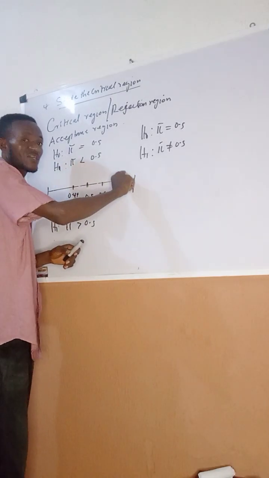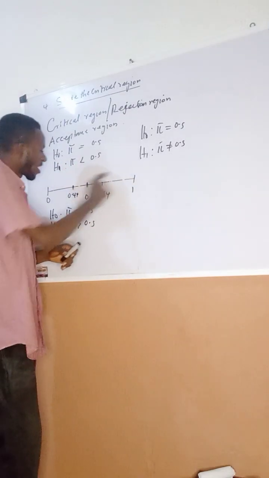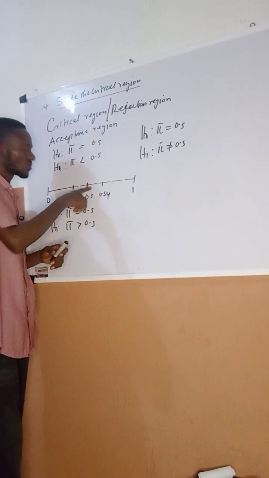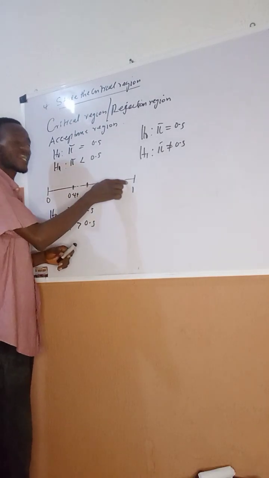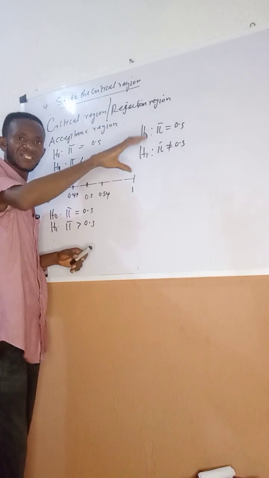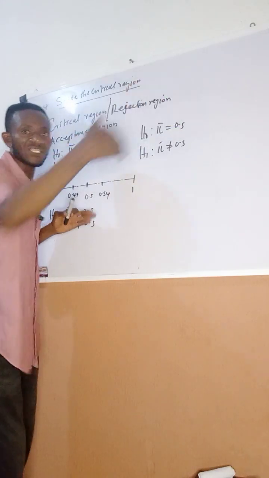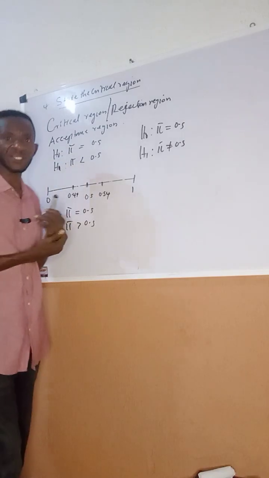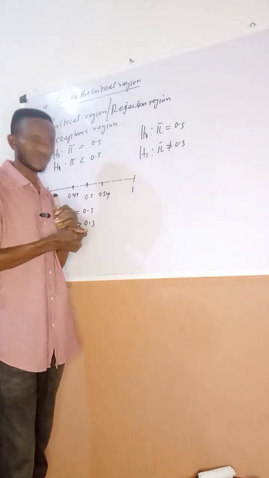If it falls here, you reject the null hypothesis. But if it falls between here, you now accept the null hypothesis. So here critical region, here critical region. So in the two-tailed test, the critical region lies in the two directions, while here is the position of the acceptance region.